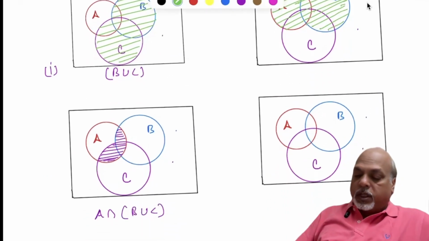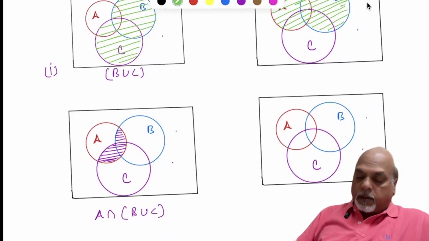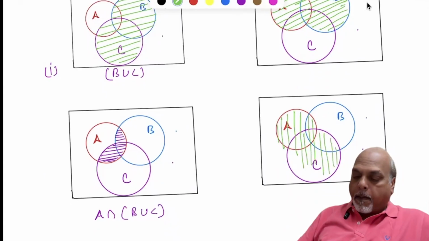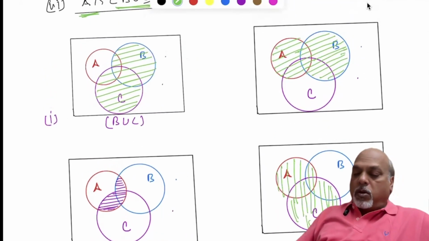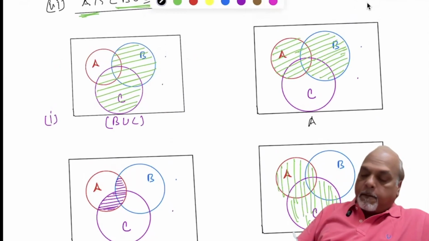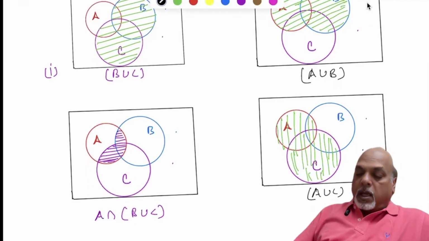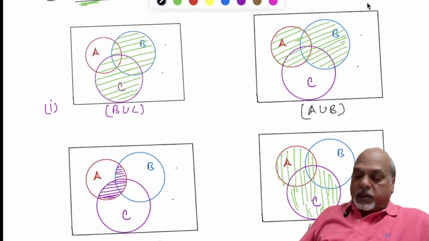And A union C is nothing but this is like this. Now A union B and A union C, just see these two figures.